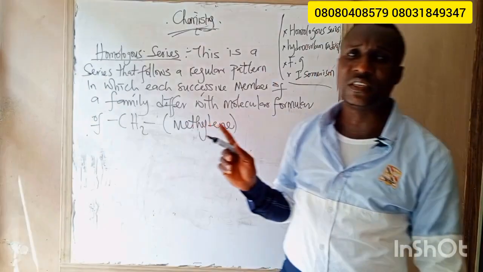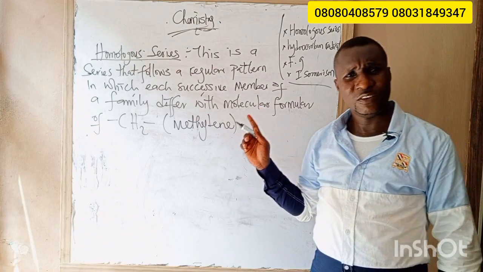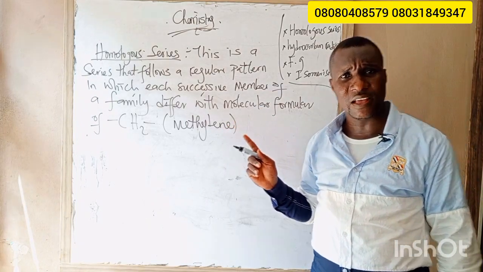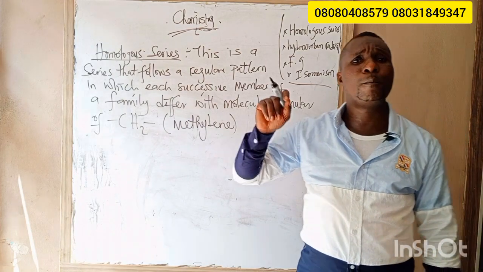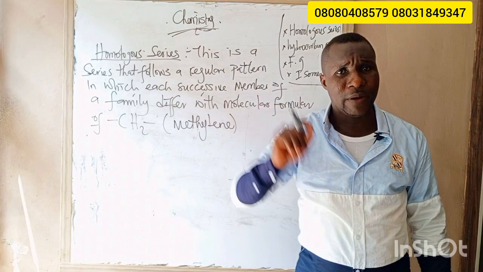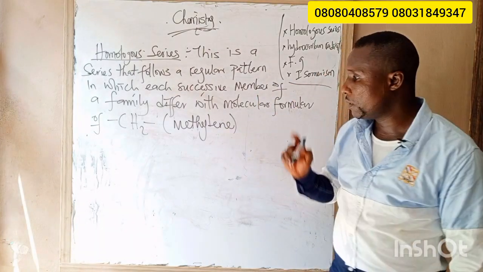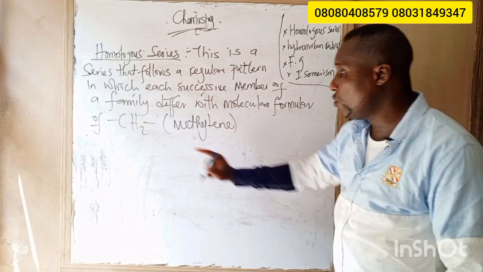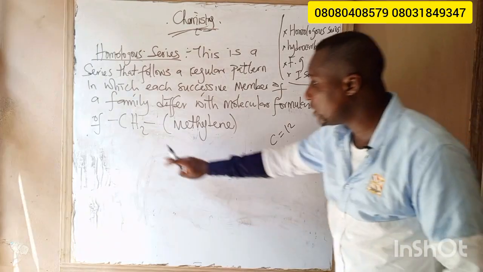You can also know homologous series in this form because there was a question that came out, maybe in NECO or WAEC. The question was: what is the molecular mass difference of each successive member in a homologous series? What do they mean? Look at carbon. The mass number of carbon is 12.